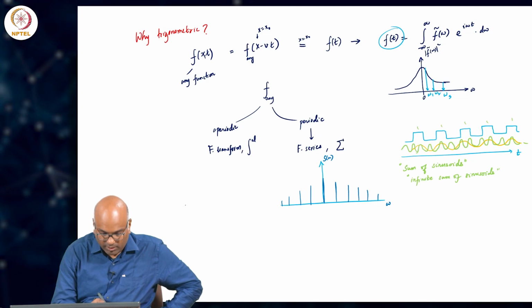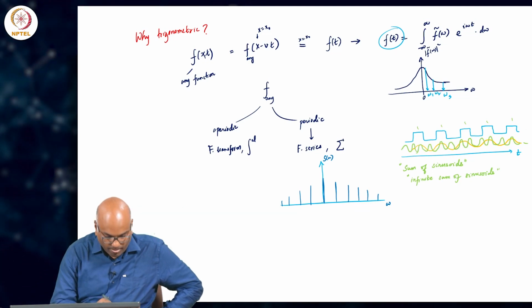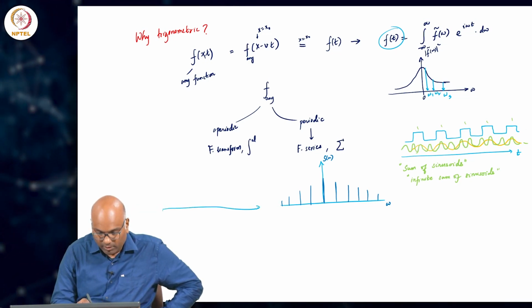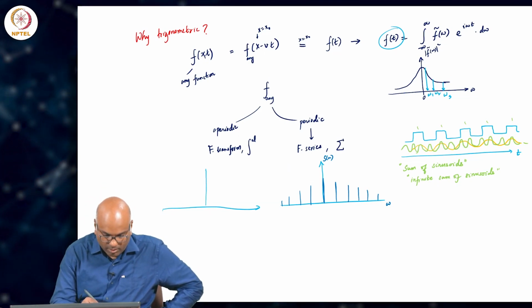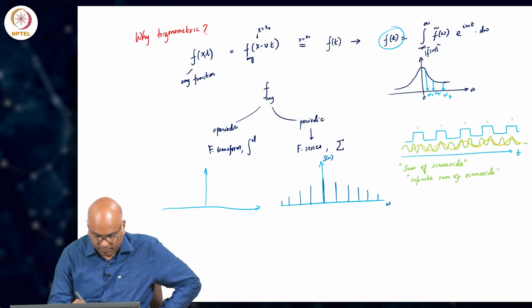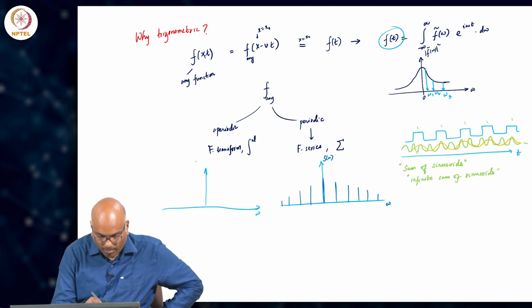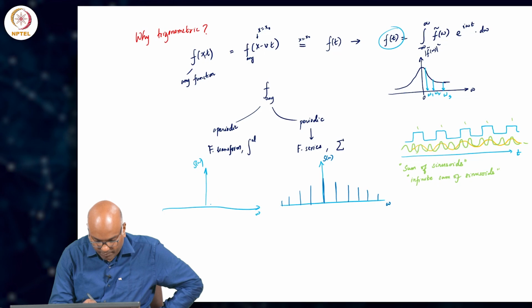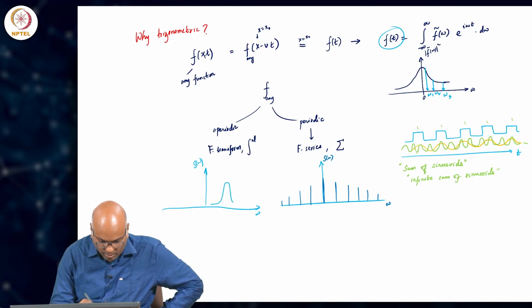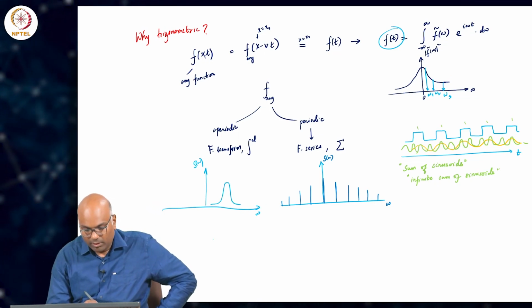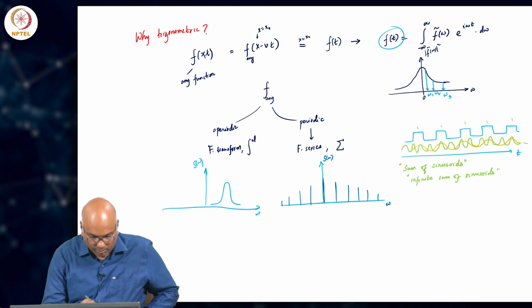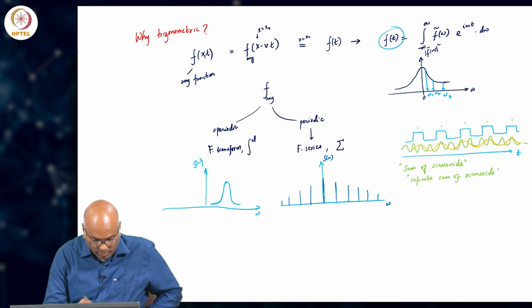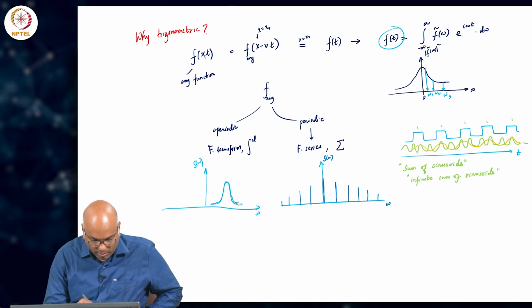Whereas in this case, if you had an aperiodic function, okay, its spectrum essentially turns out to be more concentrated, it is continuous. This is a concept which we will use quite a bit in this course.